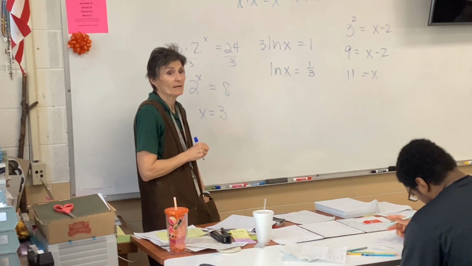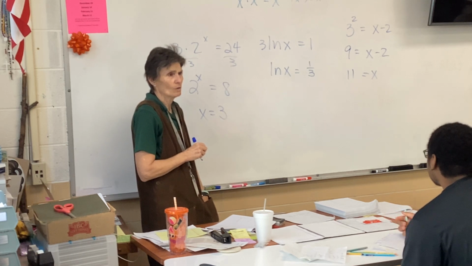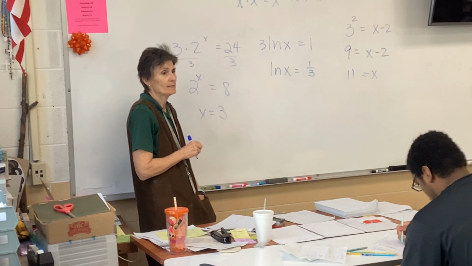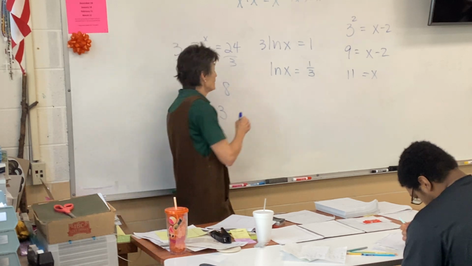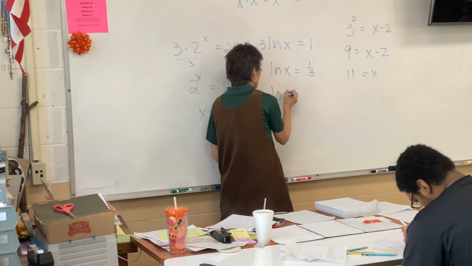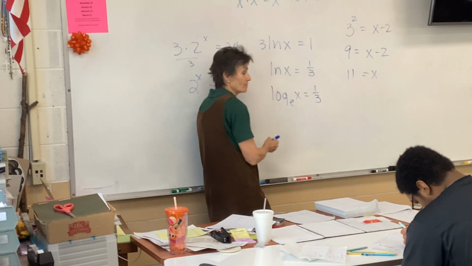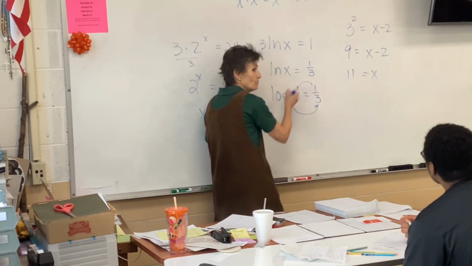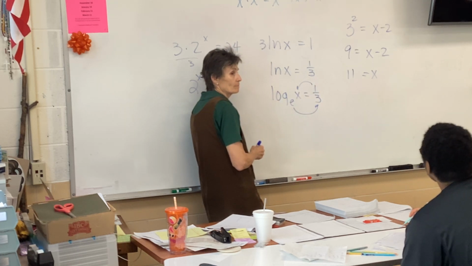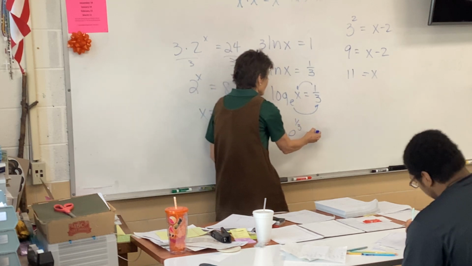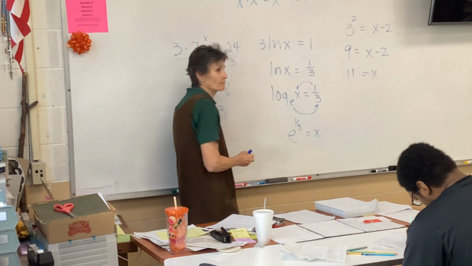What's the base on that ln? No, not 10. The base on an ln is e. So doesn't this say log base e of x equals 1/3? And can't we loop-de-loo? So e to the 1/3 equals x.